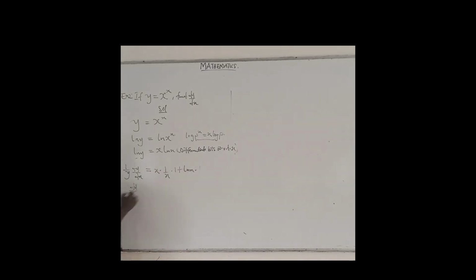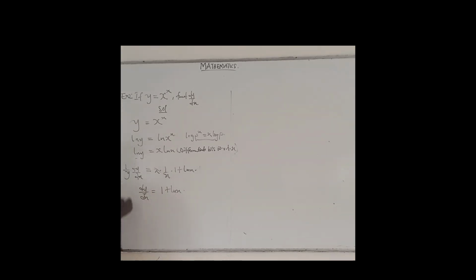So that is going to be 1 over y dy/ds. It will be equal to, s cancels s, so the whole of this is going to be left with nothing, which is going to be 1 plus ln s.